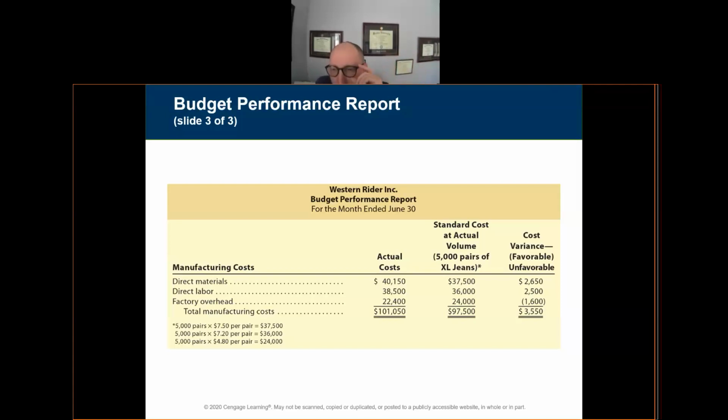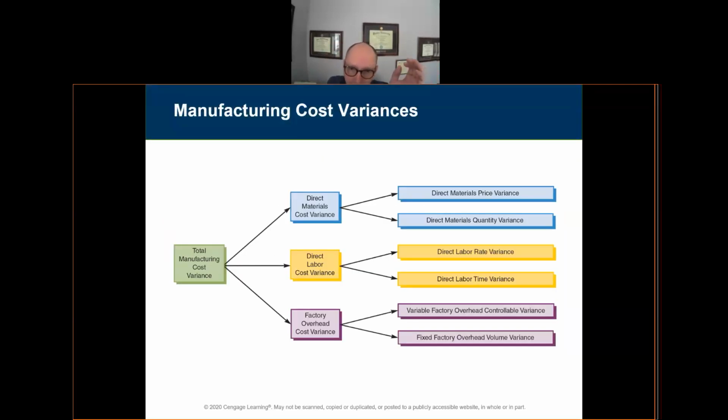Now we can do that same process for both the quantity that we're producing and the price we're producing it at, through the total manufacturing cost variance. As you know, we have direct materials, direct labor, and factory overhead, and we have a variance for each one.